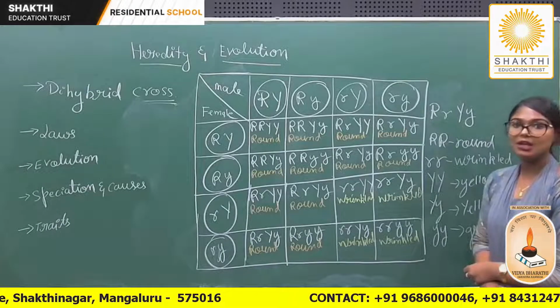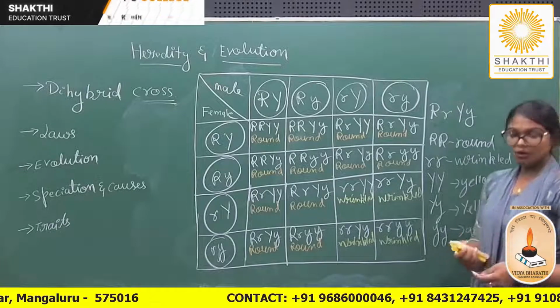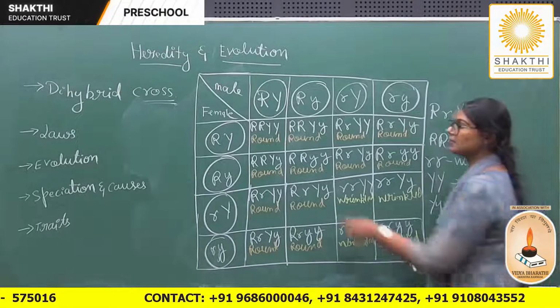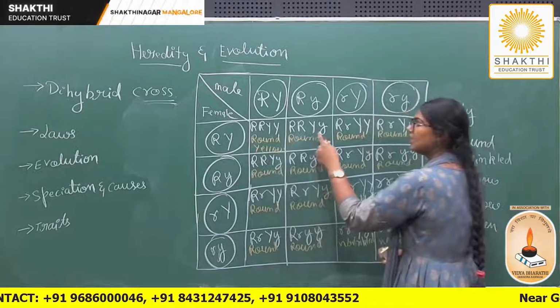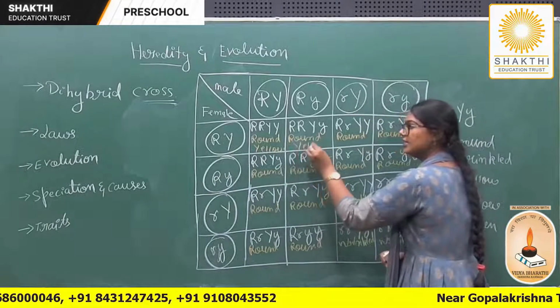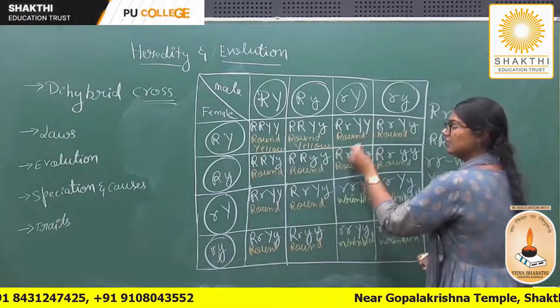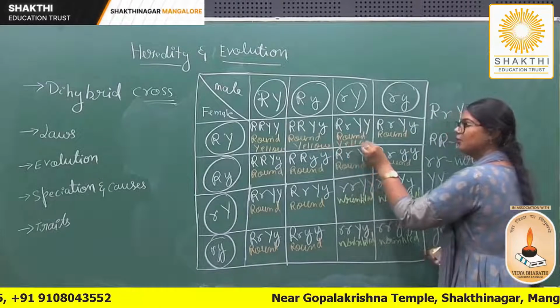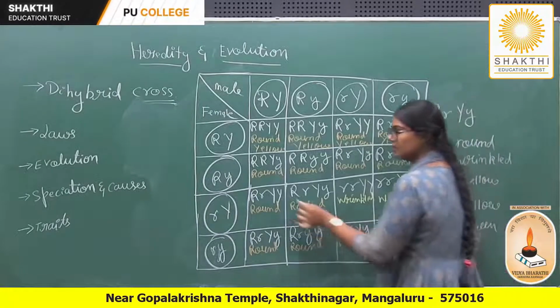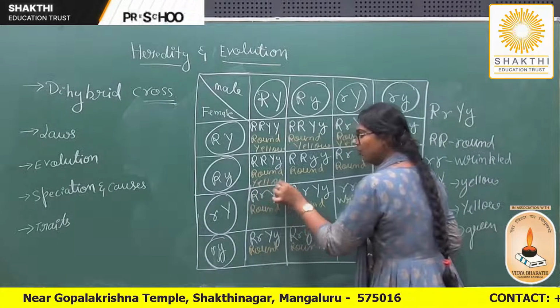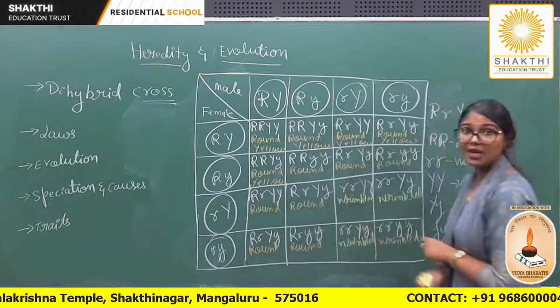So we'll quickly fill in all the yellow ones first. So capital Y is yellow. Capital Y, small y is again yellow. This is also yellow. Yellow seeds. This is also yellow. Small y is green.